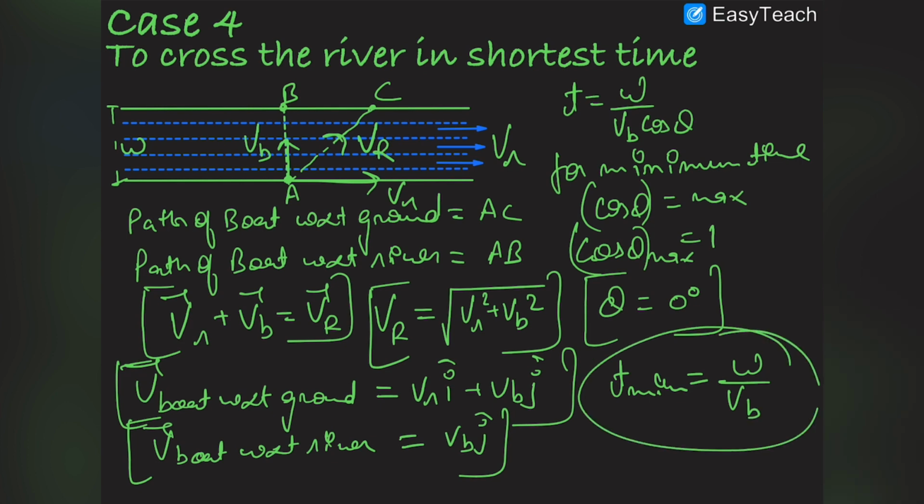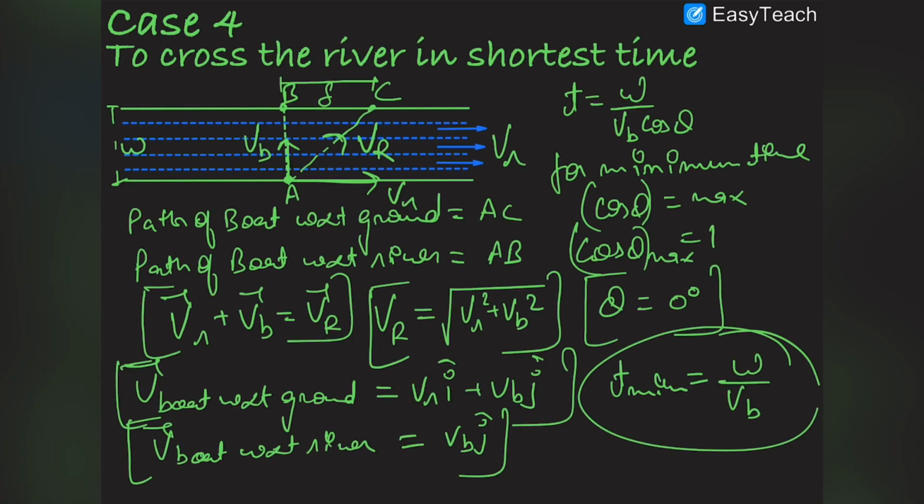And if we find out the drift it got due to the river flow, del, which is the distance BC, we can find it by a simple fact: the drift is due to the river flow. So the net velocity of the boat in this direction is only Vr, and the net velocity of the boat in the Y direction is Vb only. Drift is the displacement along the x-axis.